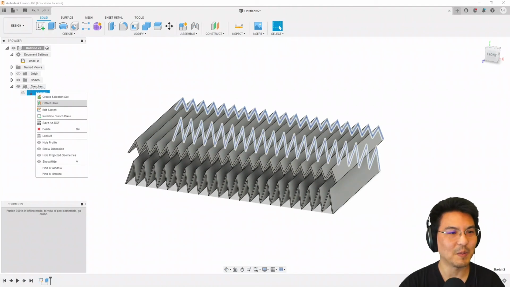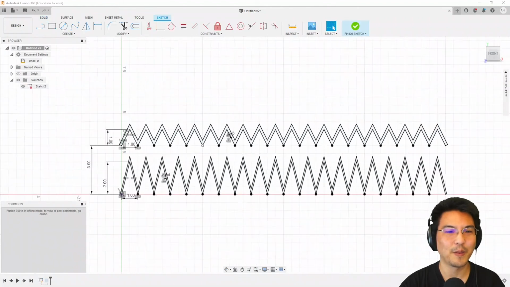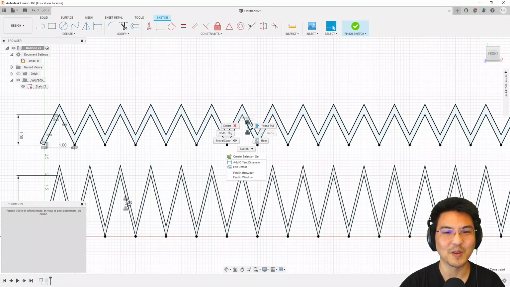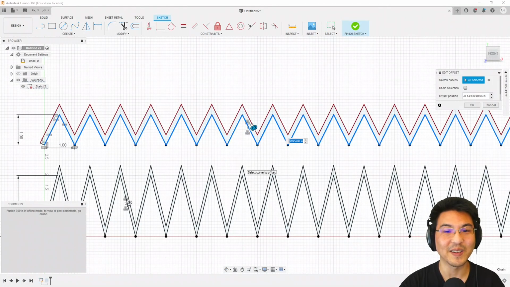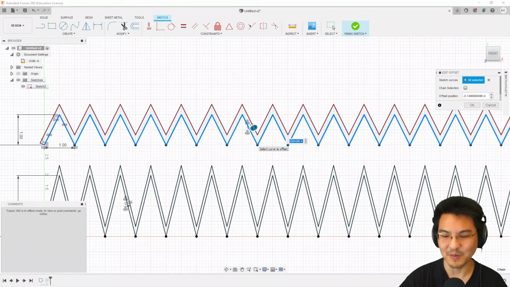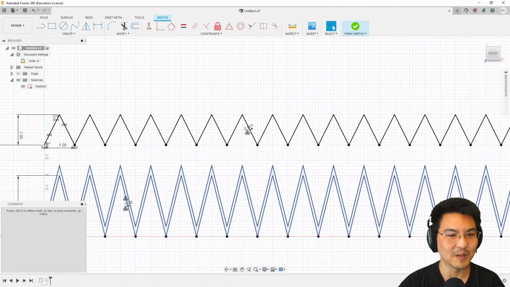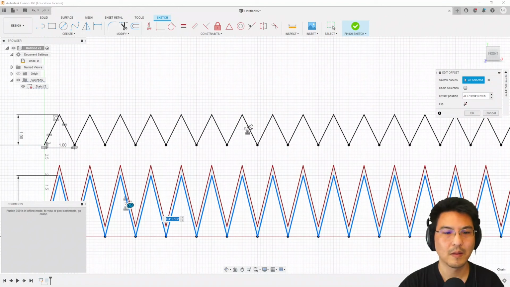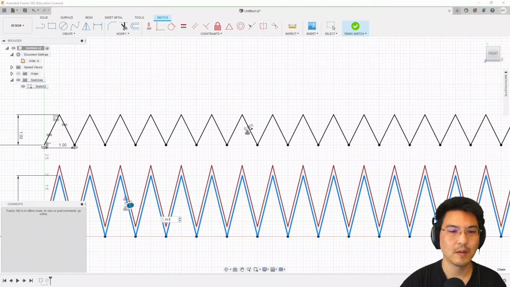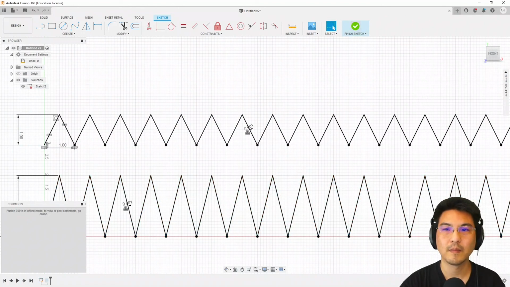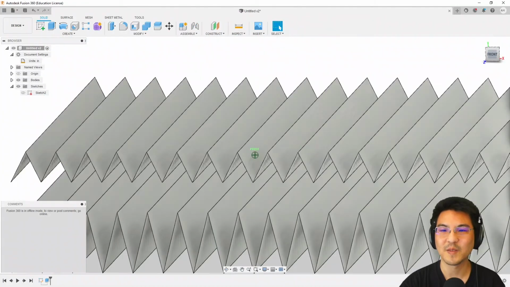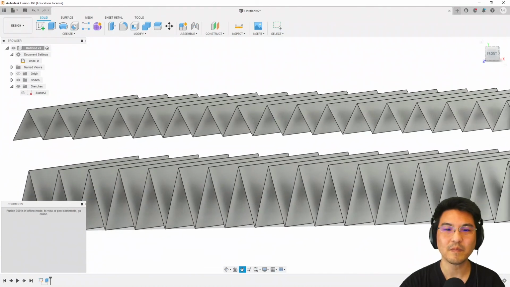Okay, let me make these thin because I'm going to ask the computer what's the surface area, and I don't want the surface area including these edges, so I'm just going to make these really, really thin. This one too. Okay. See, it's more like this now.